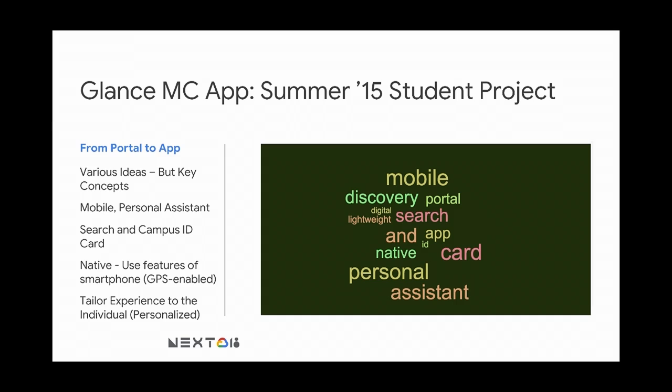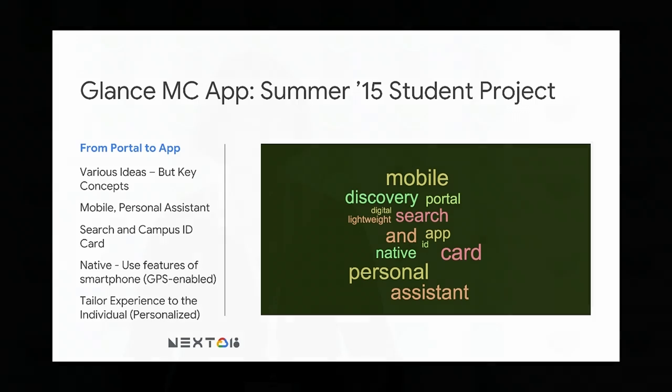With all the new buildings, they were starting to use optical scanners to allow entry into the dorms, the gym, and other places like that. So the students kept saying it'd be cool if we had our ID card on our phones. All that was part of the visioning for this student app.